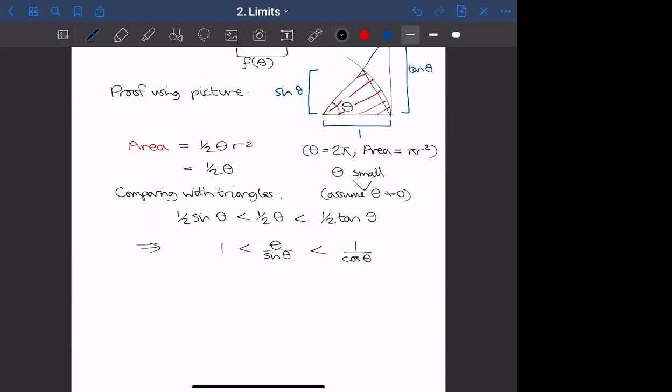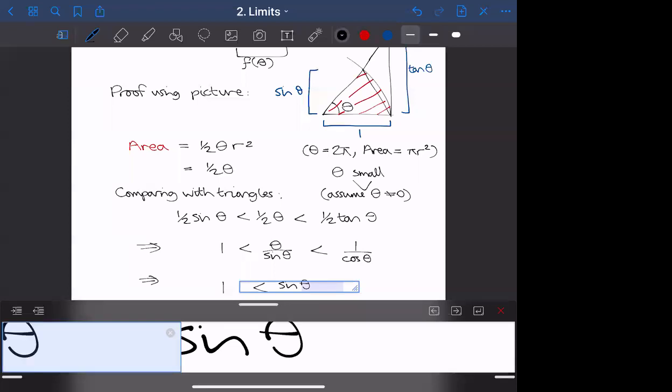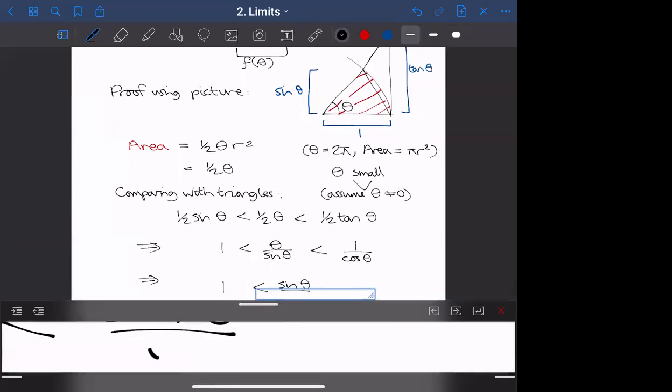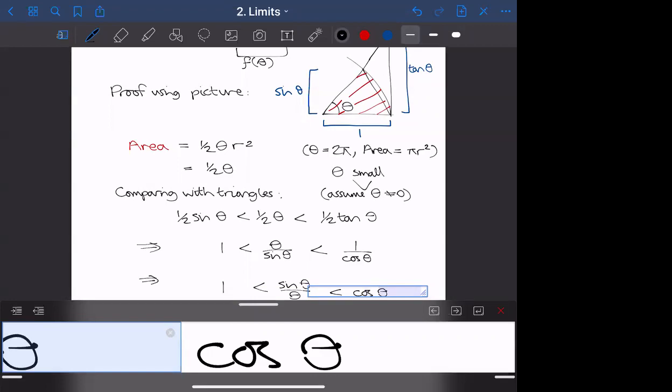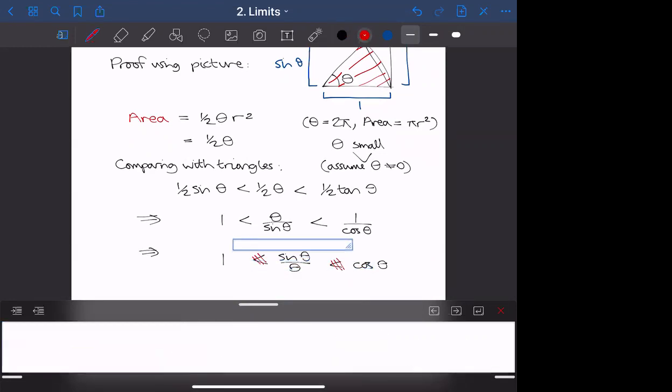But I'm asking for theta to be small. And then I can do this, divide by sine theta. And I can also take 1 over things, because these things cannot be 0. But if I take 1 over, then I have to change the direction of these inequalities, as you will know. So I get that.